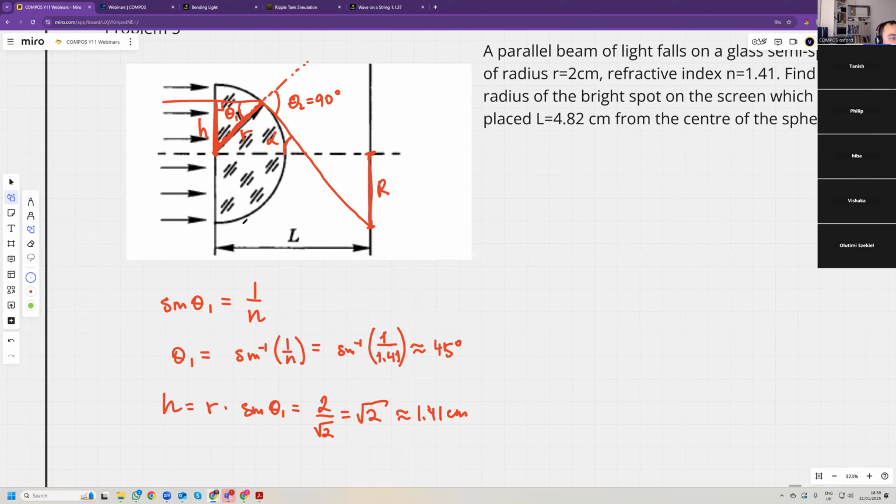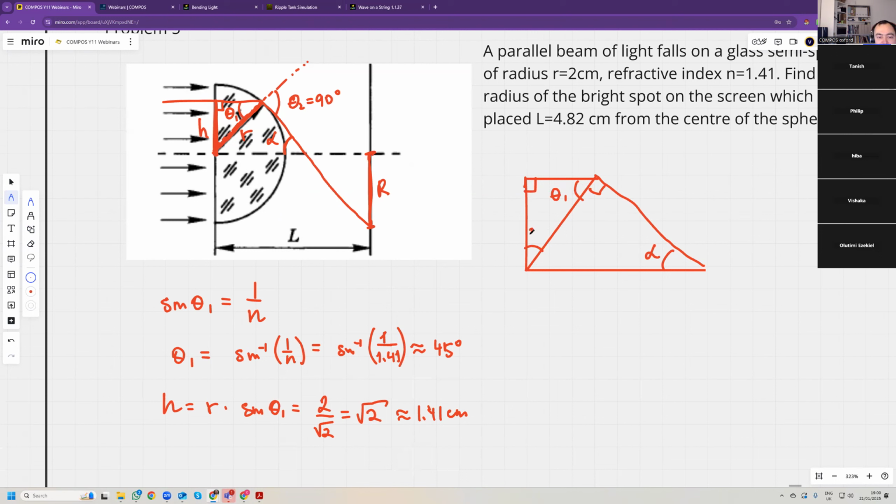Because if you look at this angle, this is theta 1. This is theta 1. This is, we don't know, this is alpha. This is 90 degrees. This is theta 1.